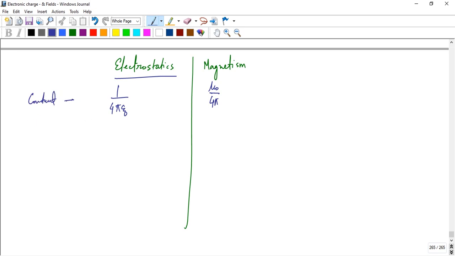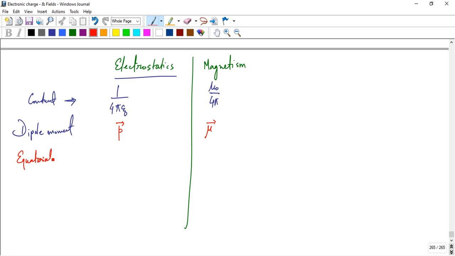And another is the dipole moment. The dipole moment in electrostatics is represented by p vector, and here the dipole moment is represented by mu. Third is the equatorial field for a short dipole.